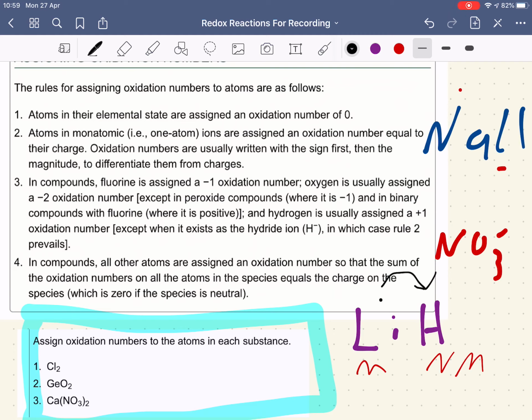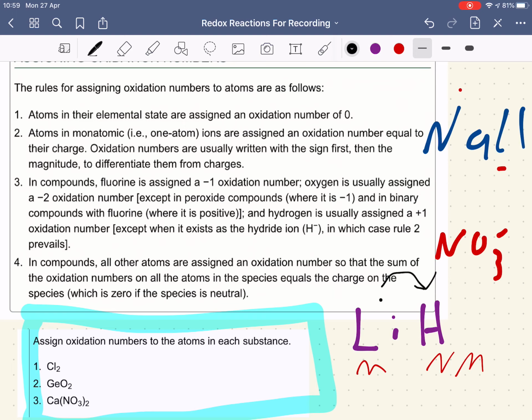Rule number 4 says that in compounds, whatever the compound may be, whether it's water, hydrogen peroxide, nitrate, or sodium chloride, the charge of that compound, whether positive, negative, or neutral, is going to be equal to the sum of the oxidation numbers of all the atoms that are present.